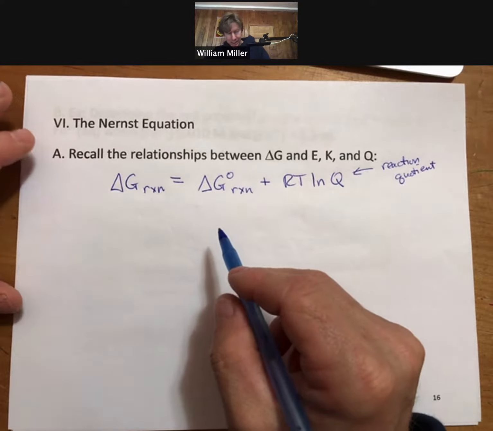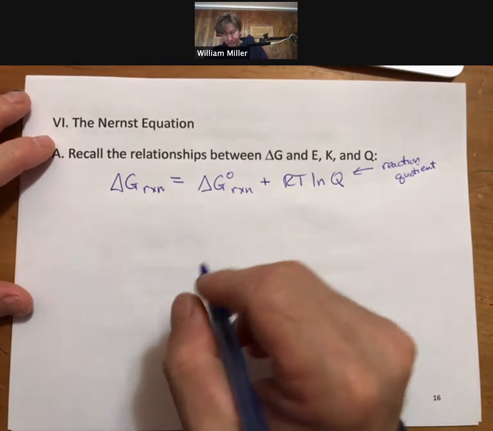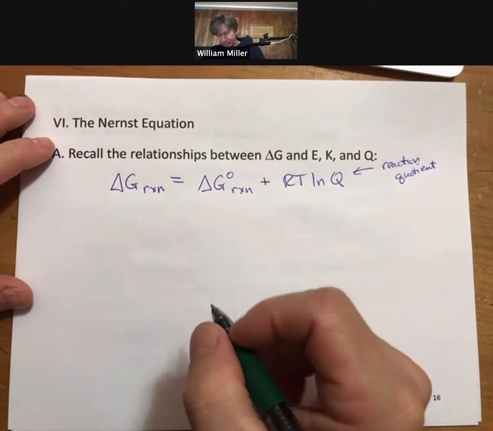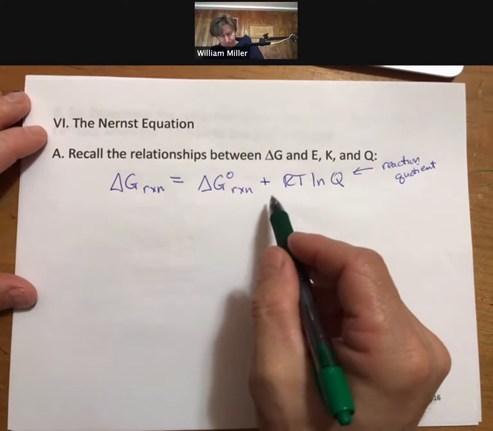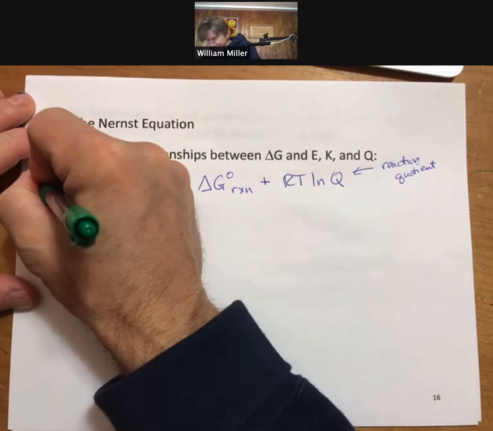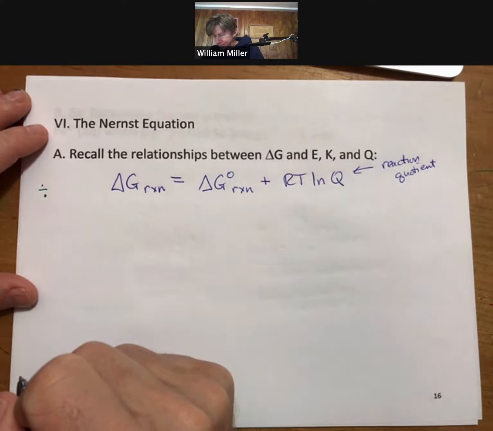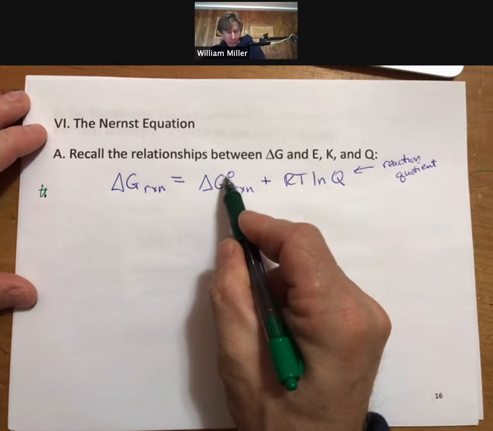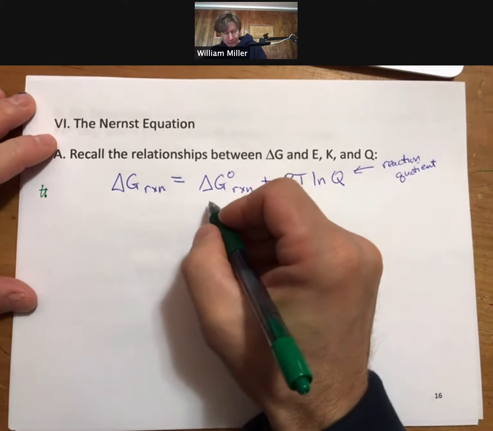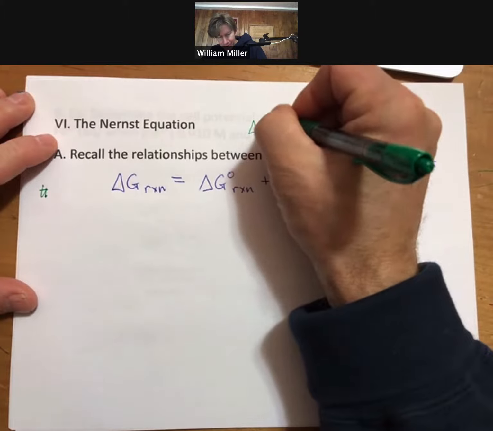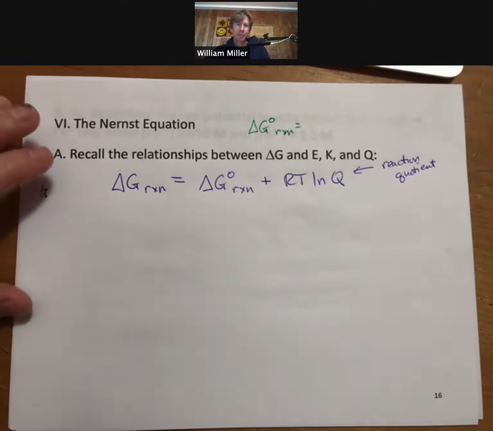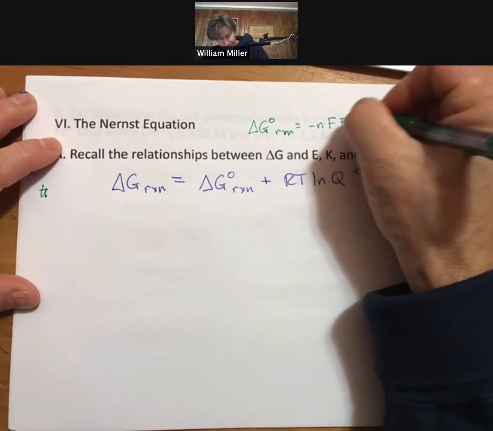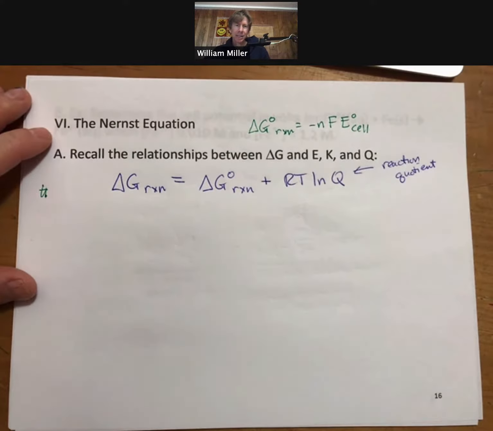Now, before we take this equation and divide both sides, we have to say that we have an equation for delta G, and delta G not equals minus NFE not cell.